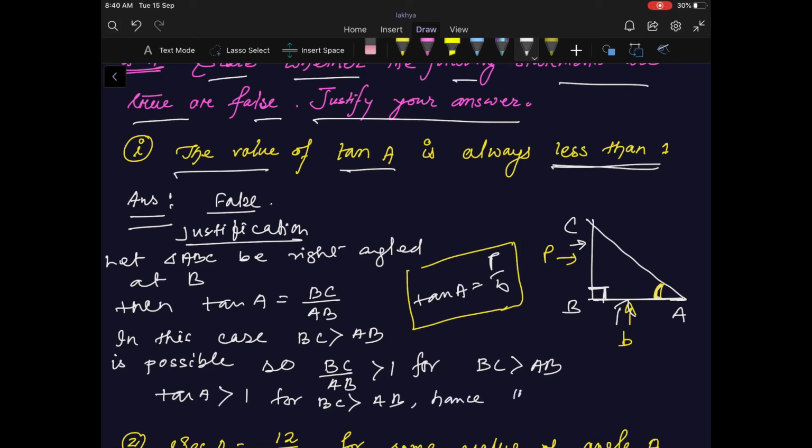Hence the given statement is false. Hence justified.